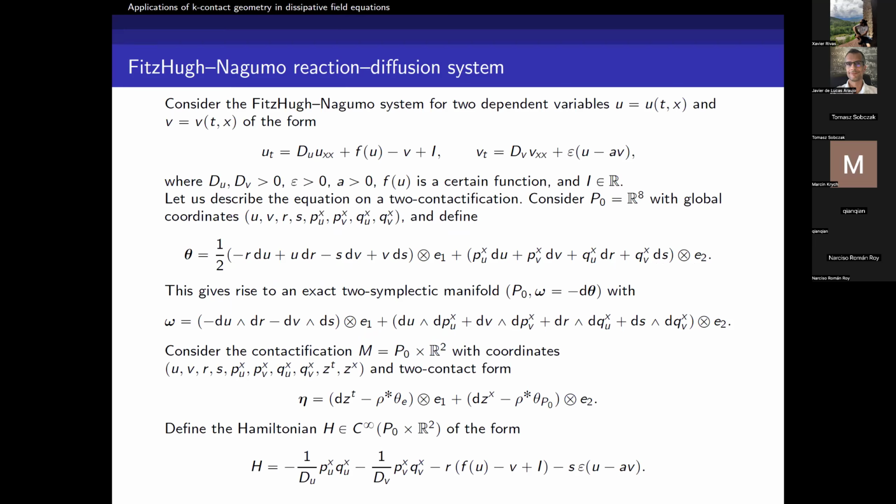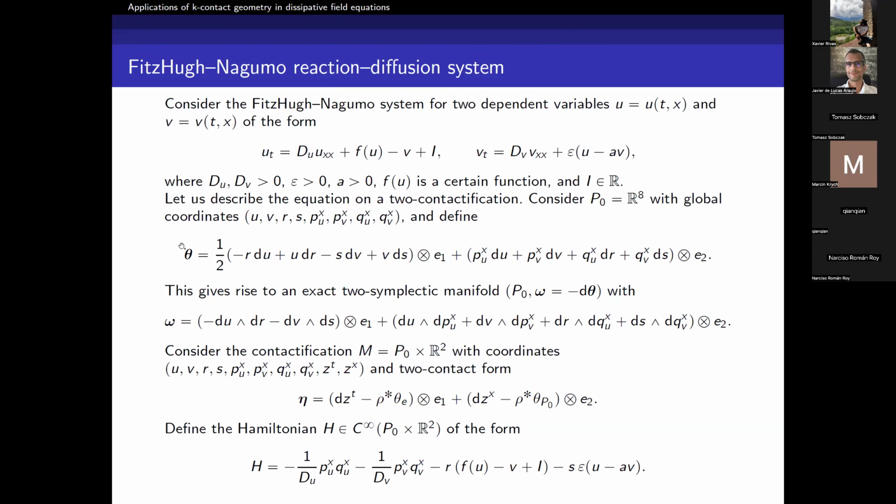And yet again, it is a method with an adapted exact symplectic structure. So we are taking P0 equal to R8. We are taking the coordinates.